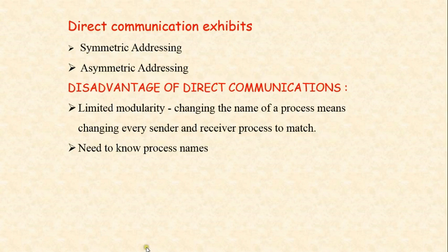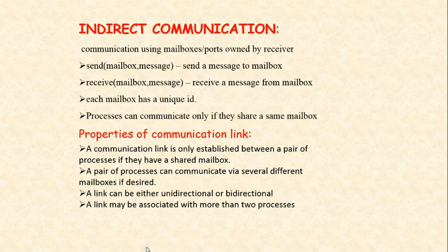In symmetric addressing, both the sender and the receiver processes must name the other to communicate, whereas in asymmetric addressing, the sender names the receiver and the receiver is not required to name the sender. The disadvantage of direct communication is the limited modularity, and also the need to know the process name.